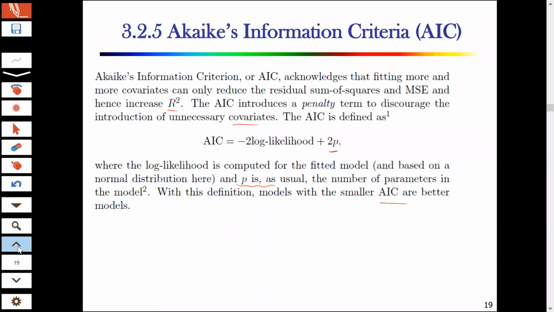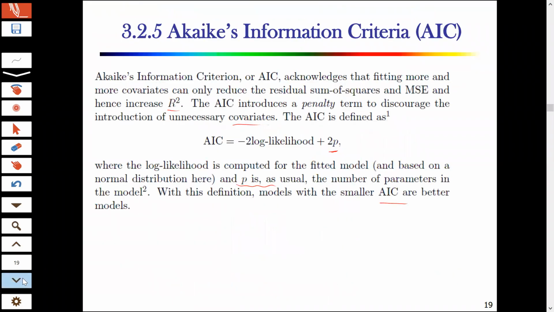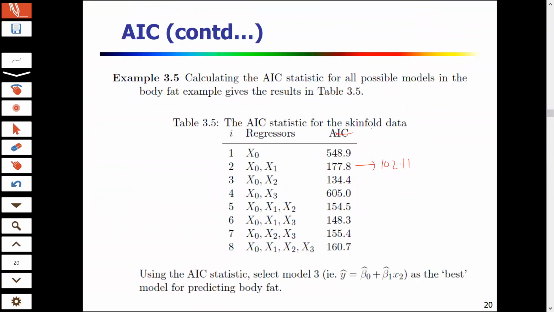Oh, 102.1. I think this is the AIC. So in the study book, this is wrong. You can check with that, and this value should be press.